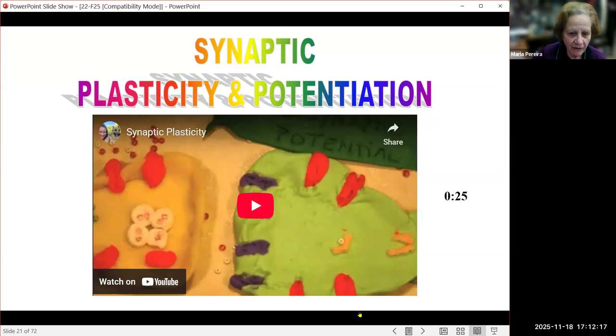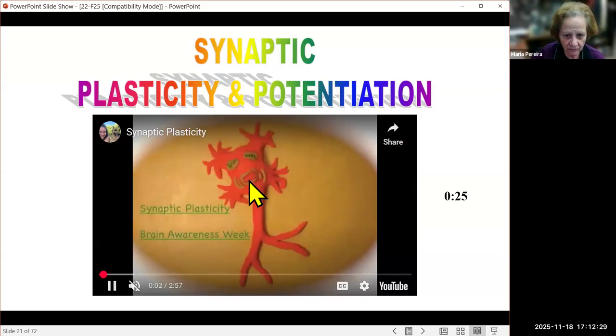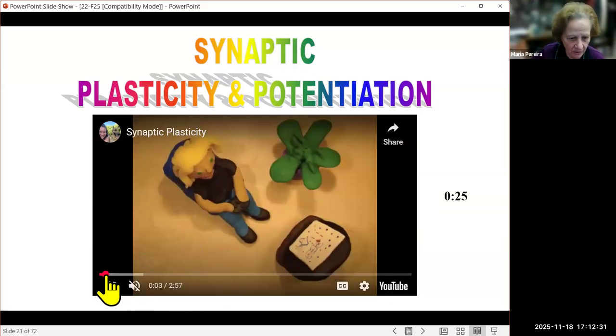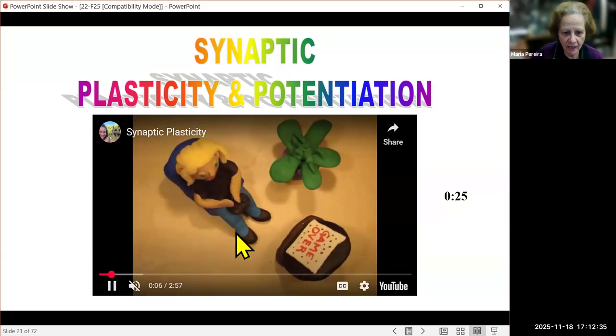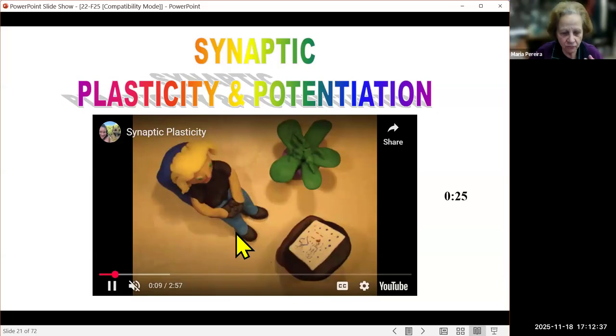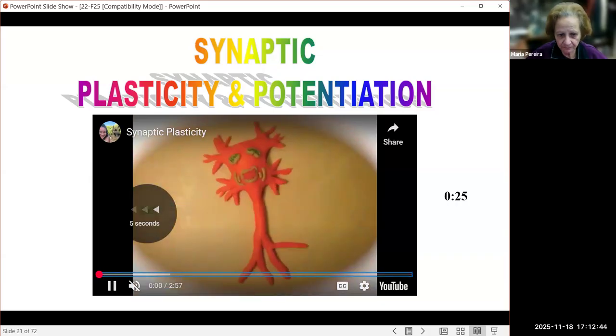So let's look. I thought this was a very interesting short video that shows the concept of synaptic plasticity. So let me show you. So here you have a neuron with the cell body and the axon. And let's say you're studying names of muscles, and you have to reverberate. You have to use that circuitry to remember memory.